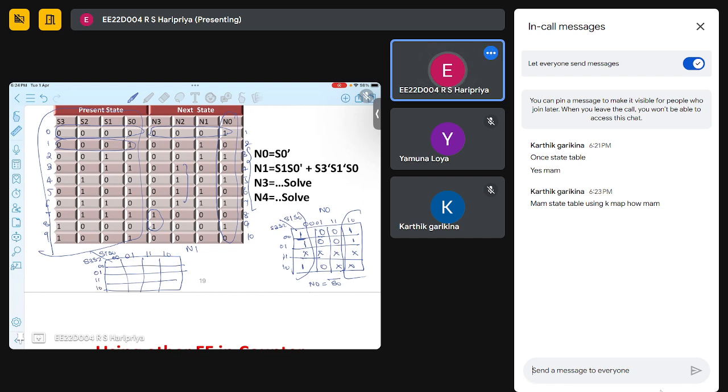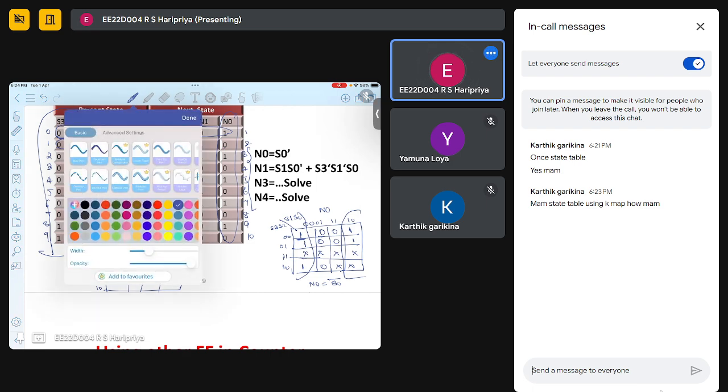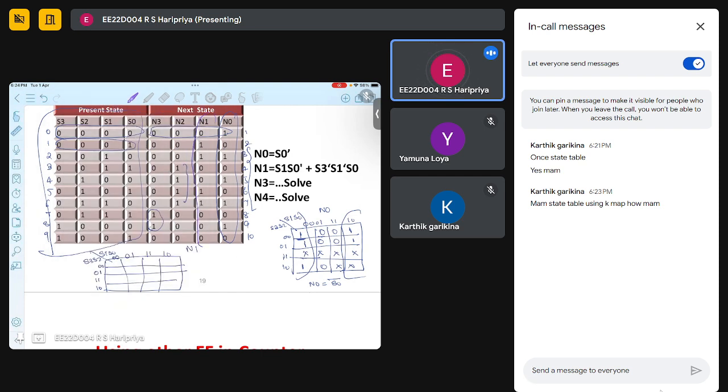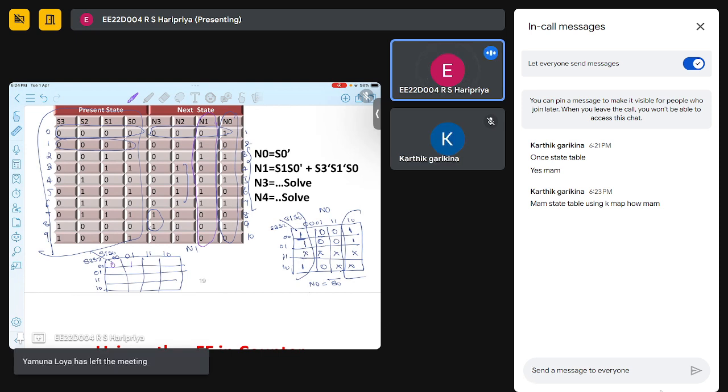So this is the schema. Now for this N1, for the 0th bit it is 0, then it is 1, and it is 1 for 3.